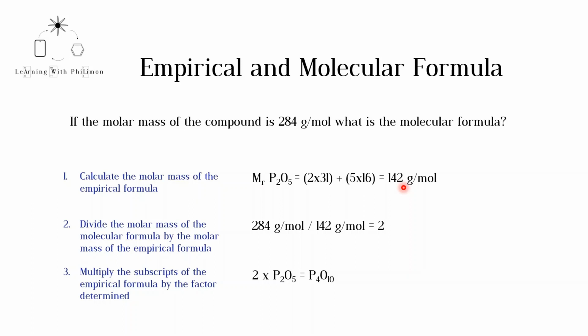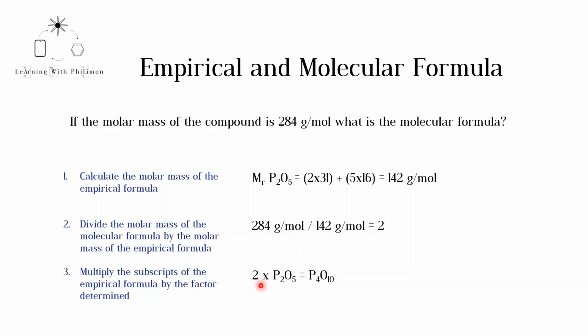The second step is to divide the molar mass of the molecular formula given in the question by the molar mass of the empirical formula calculated. In this case, we divide 284 by 142. The final step is to multiply the subscripts of the empirical formula by the factor determined. In this case, we multiply the subscripts by 2.